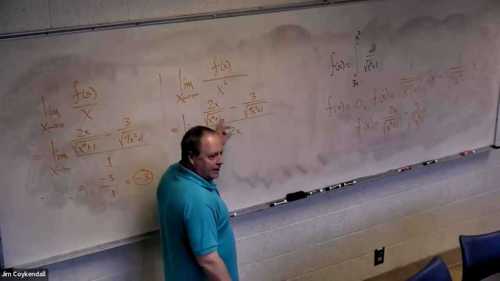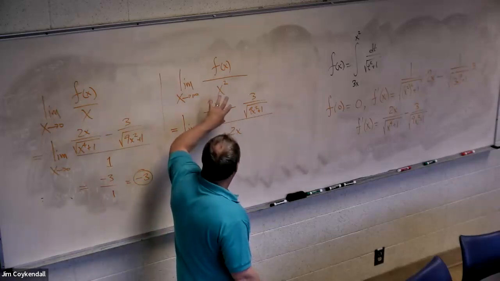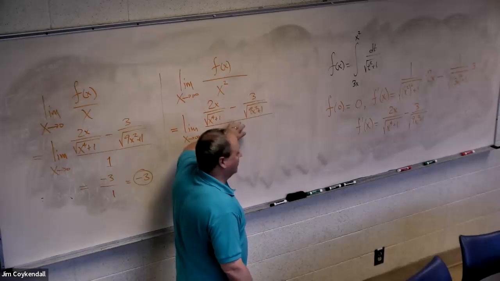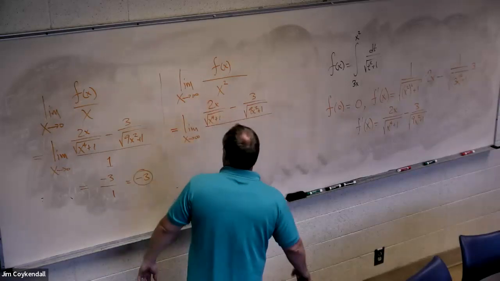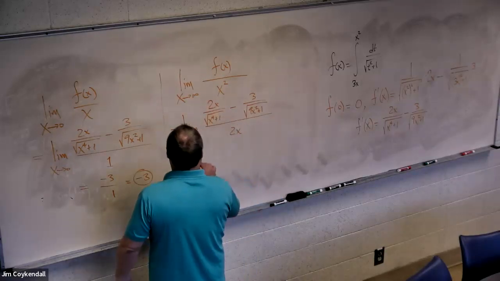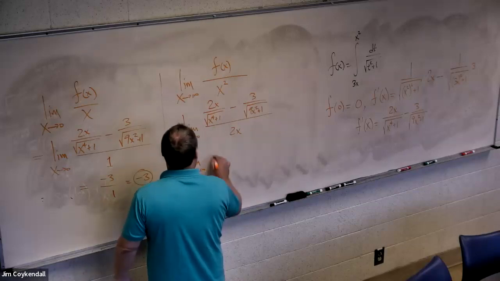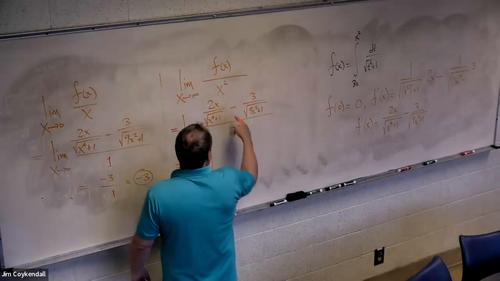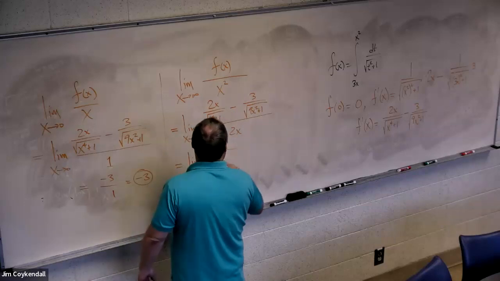And now I'm going to write a and b over the denominator. This divided by 2x is just 1.